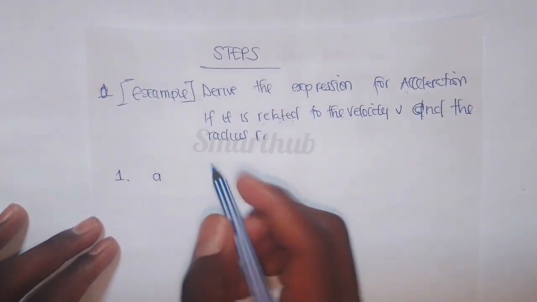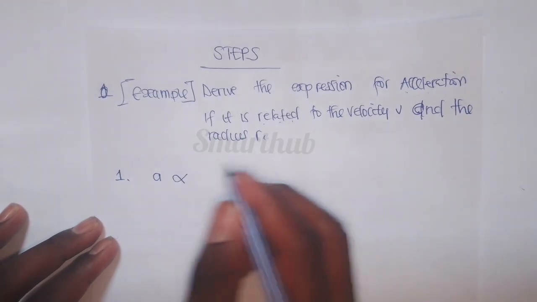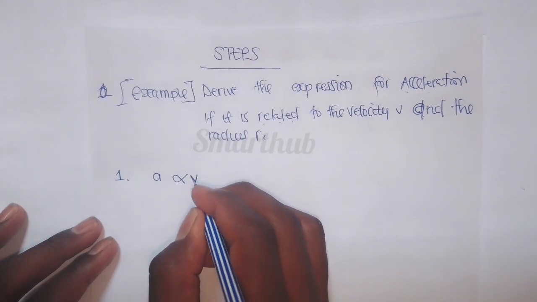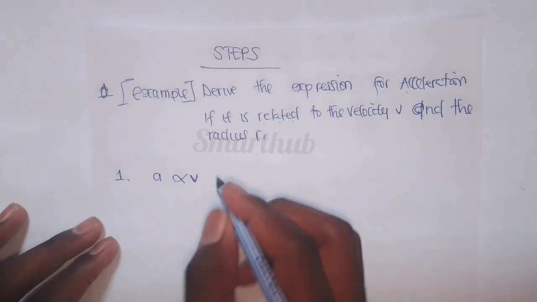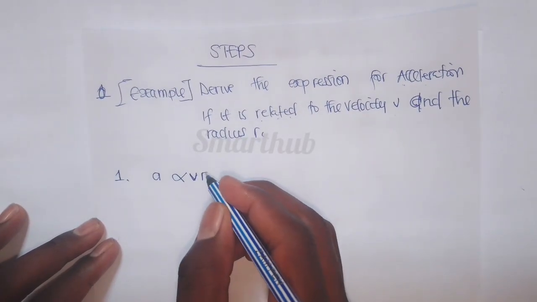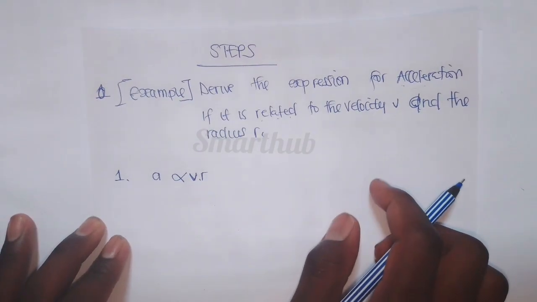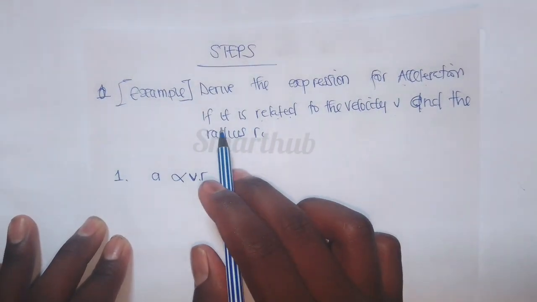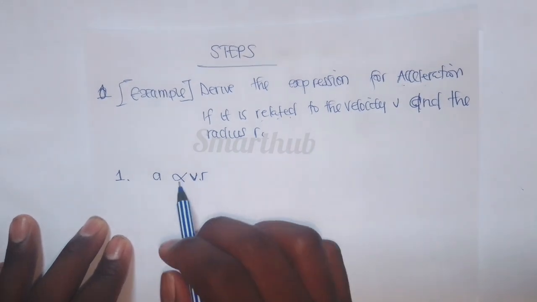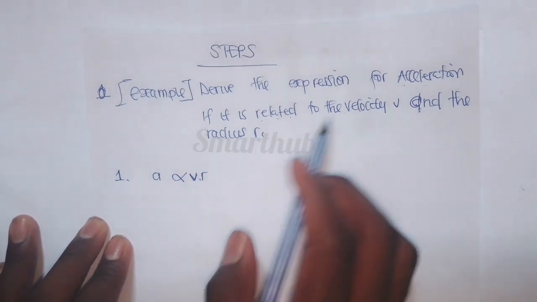Okay, so acceleration is related to the velocity v and the radius r.